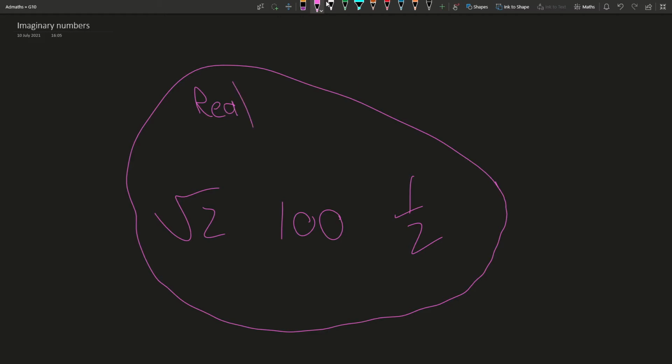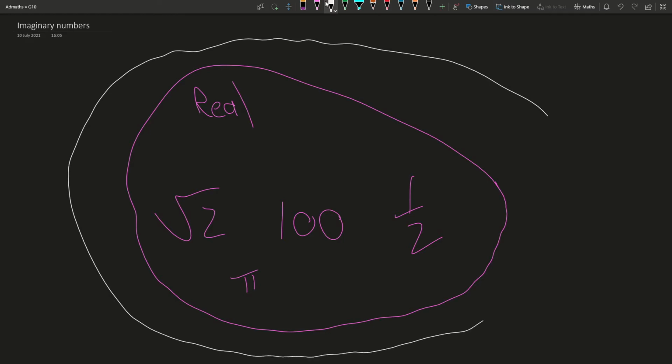They are numbers which mathematically make sense, even if they're numbers like pi, which are really weird numbers. They exist. They are actually there. They're real. So now we're going to talk about numbers which are outside of that. Numbers over here.